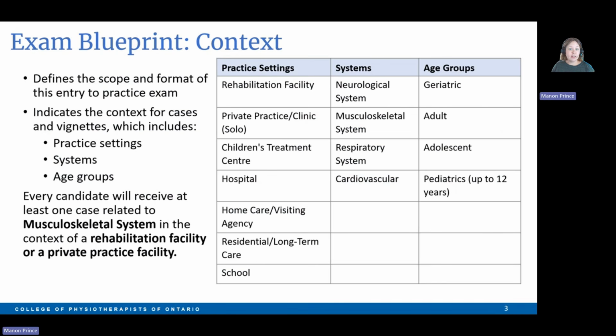The blueprint itself is a rather large document that's available on the website under the section titled Preparing for the OCE. I'm going to walk you through the entire document. I would recommend opening the blueprint now and following along or making notes.